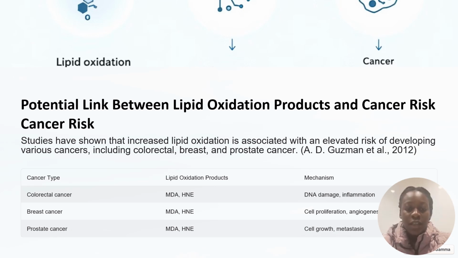And then in breast cancer as well, the associated products of lipid oxidation are MDA and HNE, and they can increase the cancer risk by promoting cell proliferation and angiogenesis of tumor cells. And the same products also apply to prostate cancer, and the risk is increased because MDA and HNE promote cell growth and metastasis.